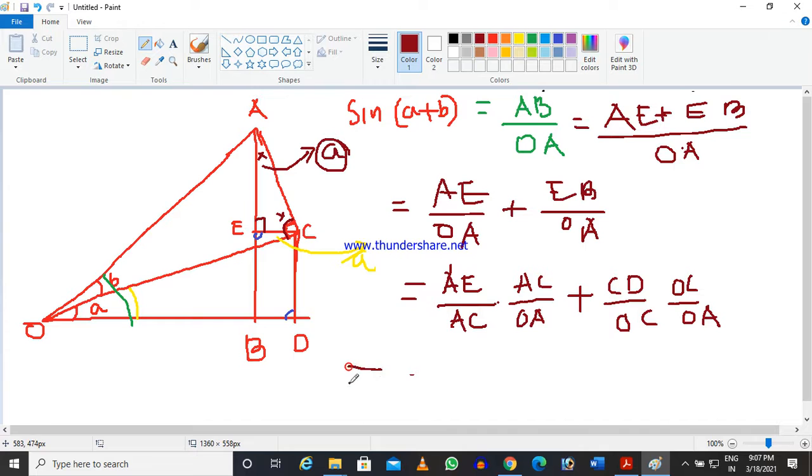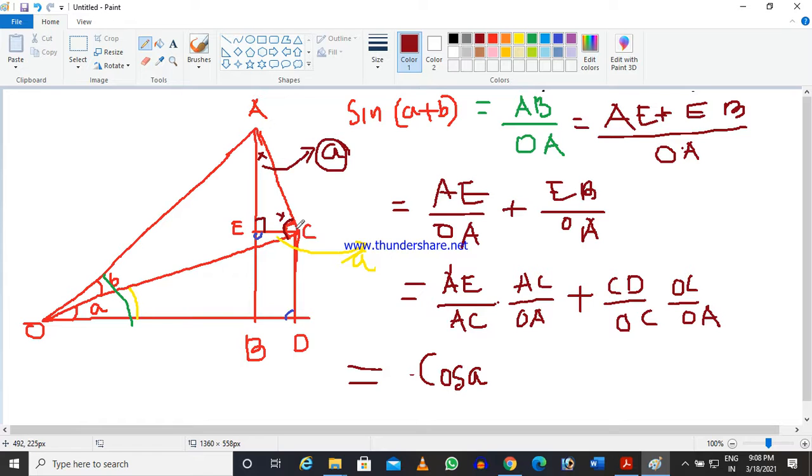Now let us find out what AE by AC is. That is your AE and that is your AC. If this angle is A, then adjacent by hypotenuse is cosine, that means cos A. Now AC by OA.